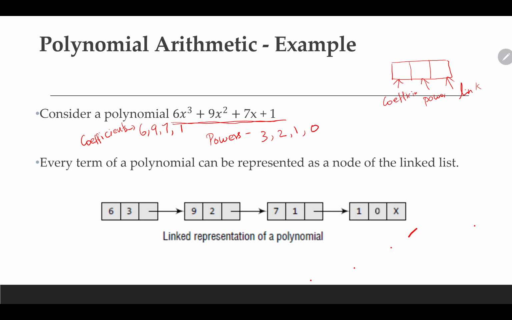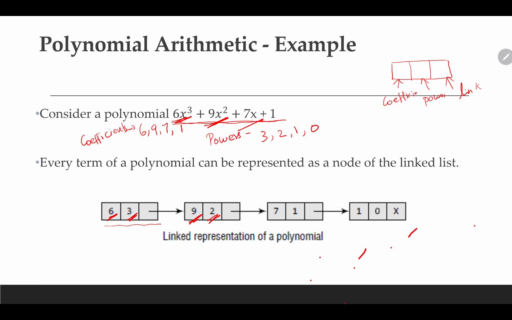Every term of the polynomial can be represented as a node of the linked list, and this is the representation of the linked list. You can see, the first one is 6x cube. 6 is the coefficient, 3 is the power. The next one, 9x square: 9 is the coefficient and 2 is the power.